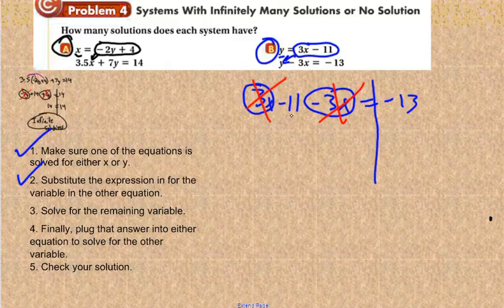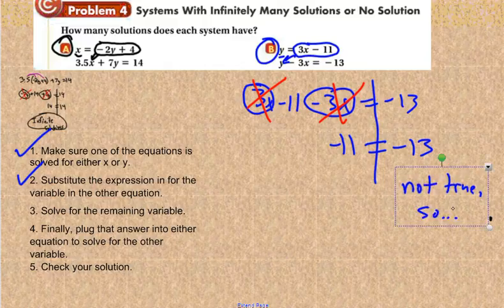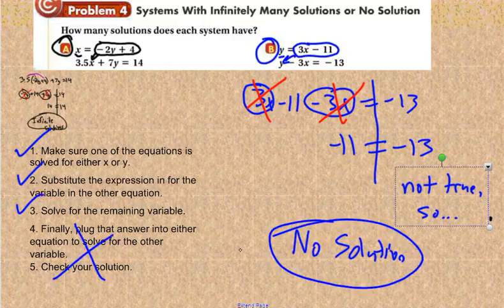There are no x's left, and we're just left with negative 11 equal to negative 13. Not true. That means there is no solution to this one, because we can't finish the rest of these steps. So there's no solution to that one.